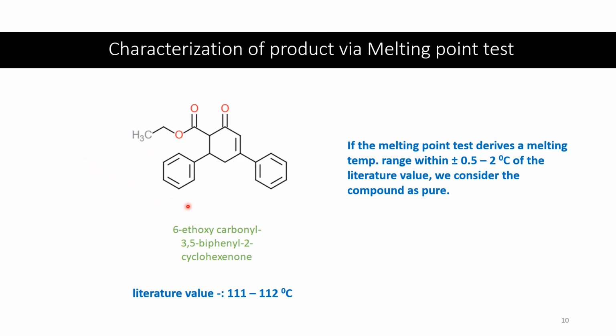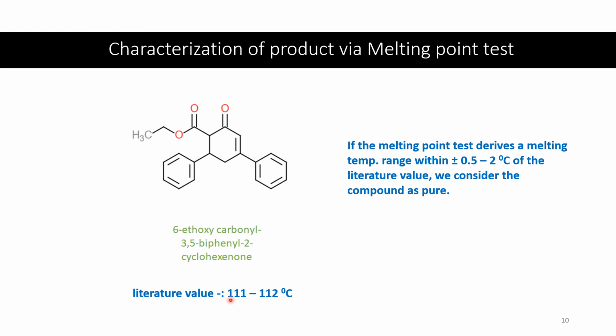Therefore, we won't be able to differentiate between the reagent molecules and the final product. For this reason, we will be using the melting point test, which you guys learned about in OCHEM 1 lab, to confirm whether we got the right product and also get a sense of the purity of the product.